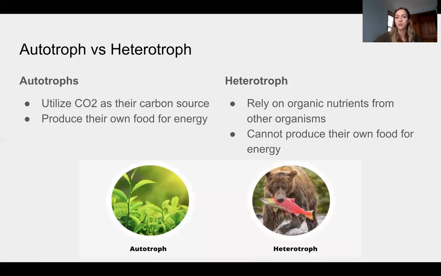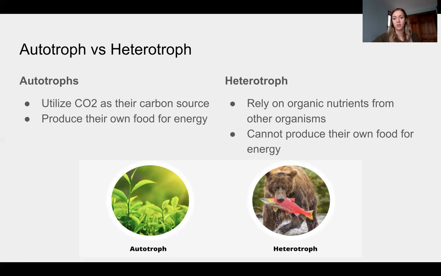All right, so autotroph versus heterotroph. So autotrophs utilize CO2 as their carbon source, and they produce their own food for energy. So you can think of plants doing photosynthesis, they would be a photoautotroph. And then a heterotroph, you can think of just like normal mammals.